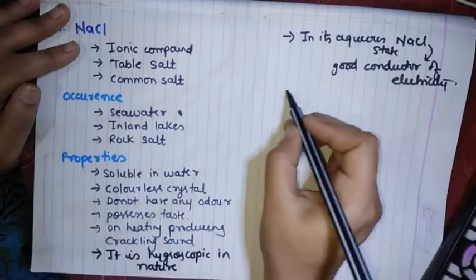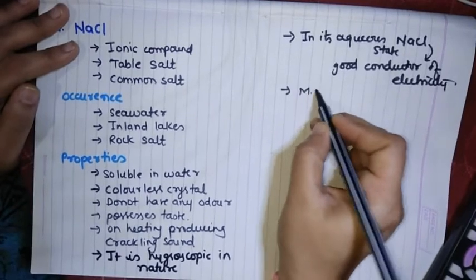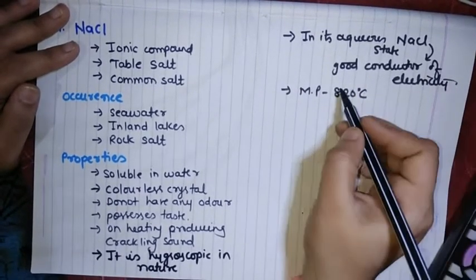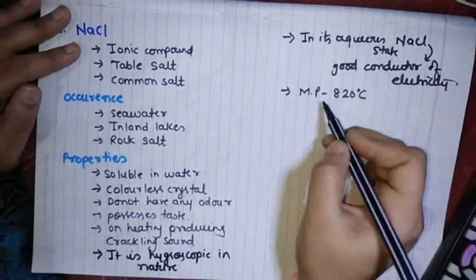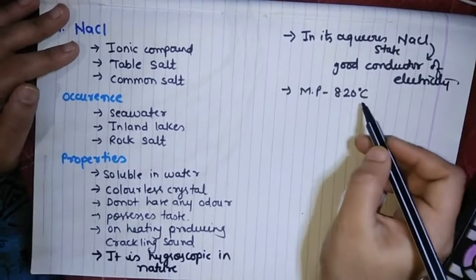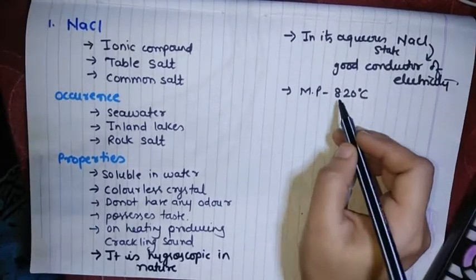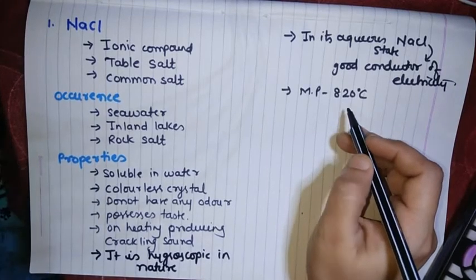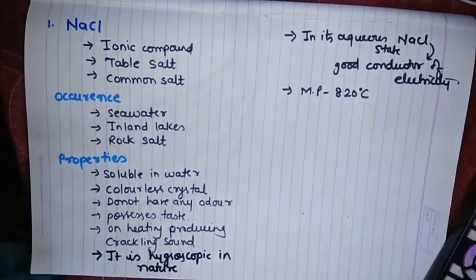It has a melting point of 820 degrees Celsius. So you can see that it has a very high melting point. That means at this point only it will start melting, otherwise it will remain in solid state.